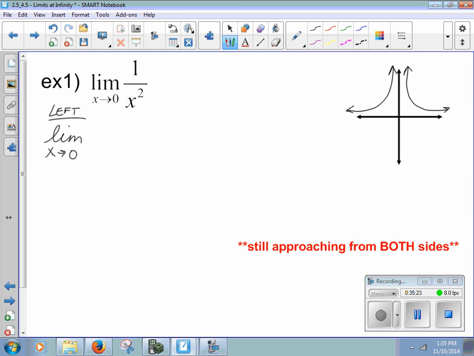It has to have the minus sign as a superscript: the limit as x approaches 0 from the left of 1 over x squared. Where is it approaching from the left? It's going upwards, so it's going to be positive infinity.